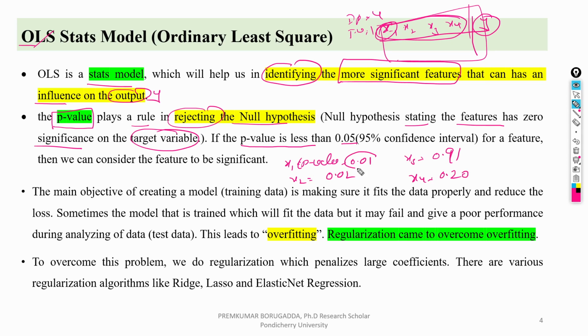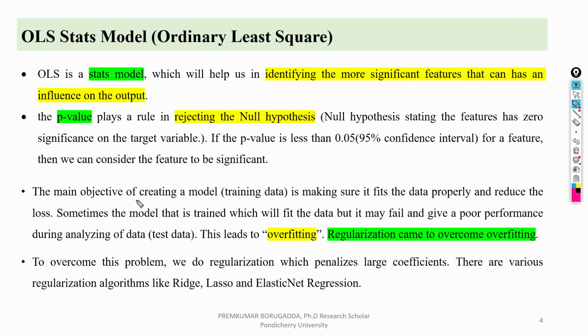So x1 at 0.01 is less than 0.05, so we consider this feature. x2 at 0.02 is also less than 0.05, so we consider it. x3 at 0.91 is greater than 0.05, so we are not considering x3. x4 at 0.20 is also greater than 0.05, so x4 also we are not considering. So we consider these two features, x1 and x2, for predicting the target variable.